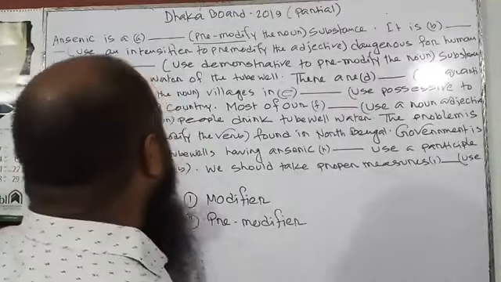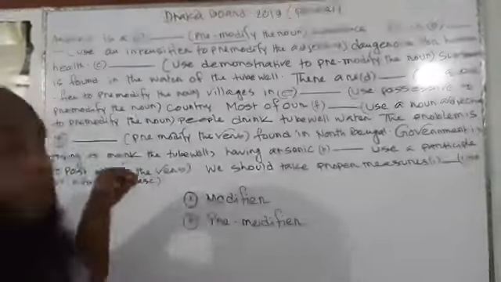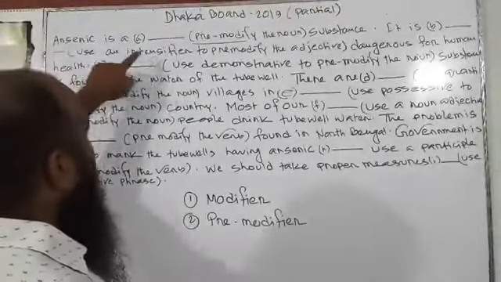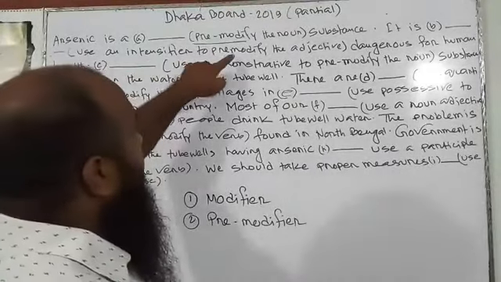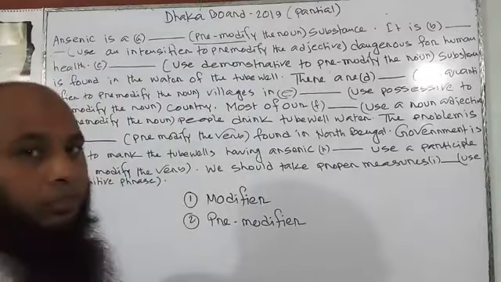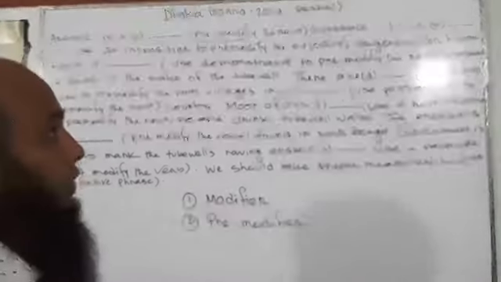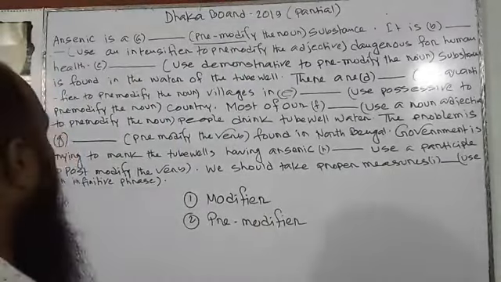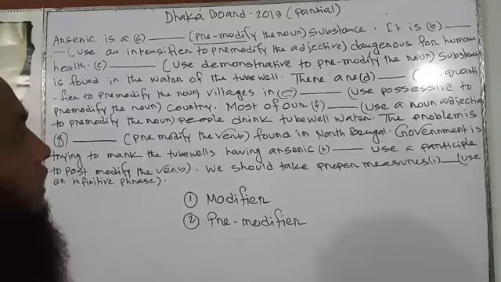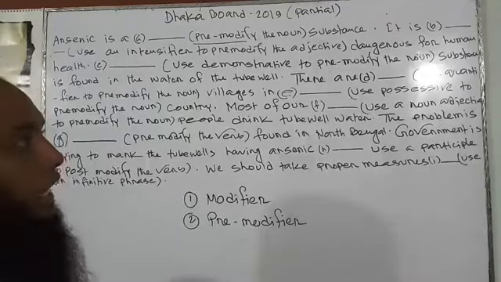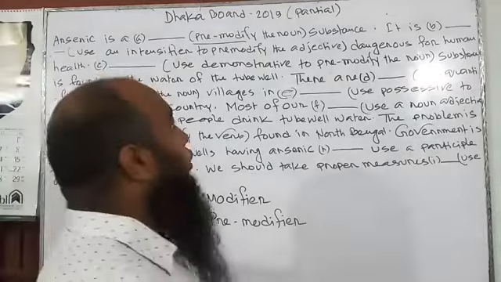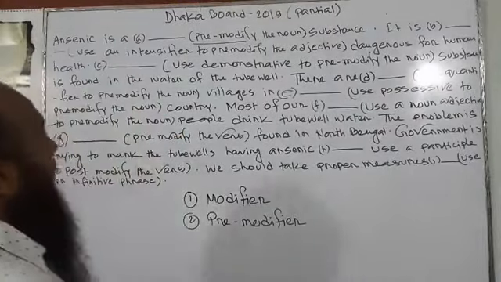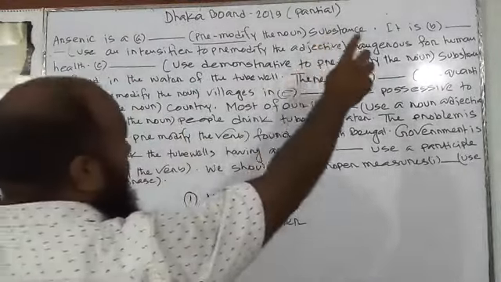It is number B, use an intensifier to pre-modify the adjective. Okay, fine. It is number B, gap there. It is use an intensifier to pre-modify the adjective, dangerous for human health. So what you have to use in number B?